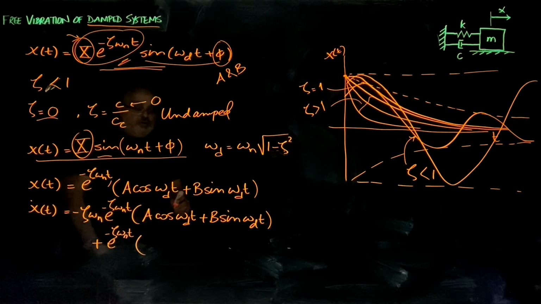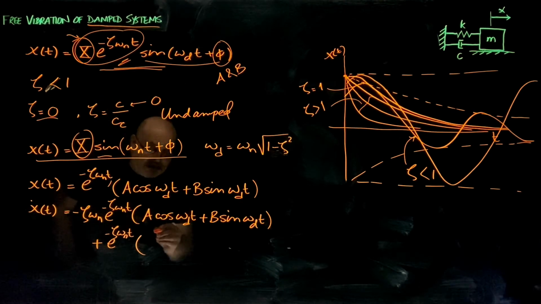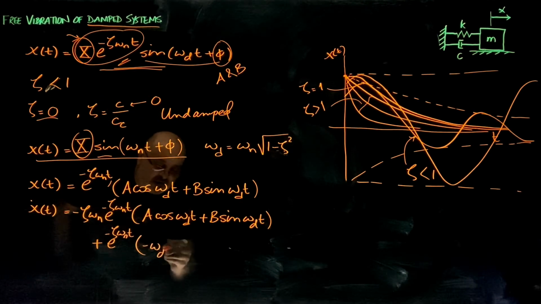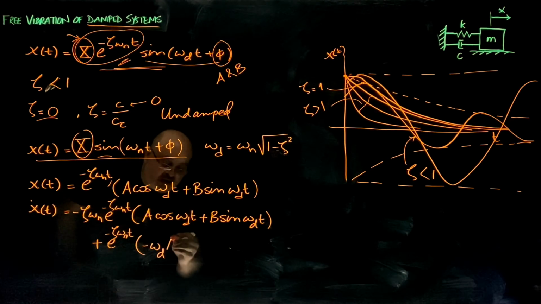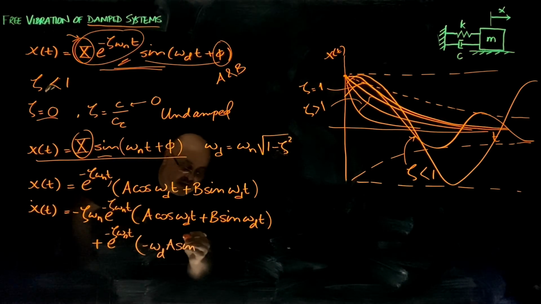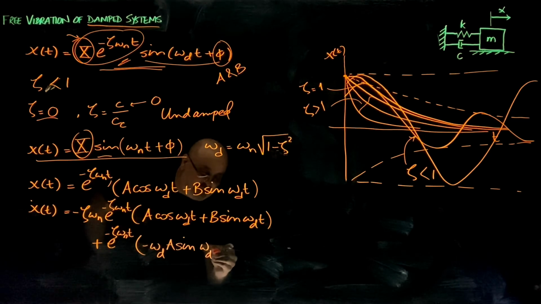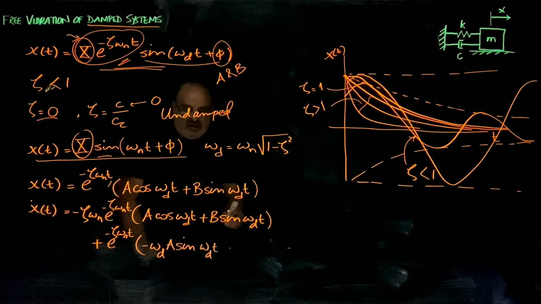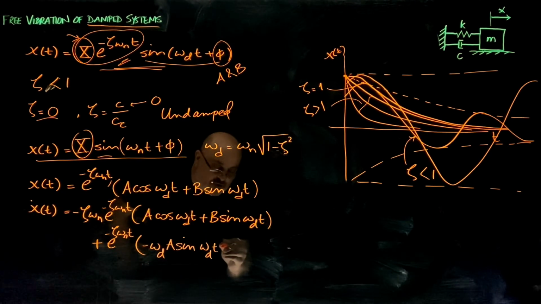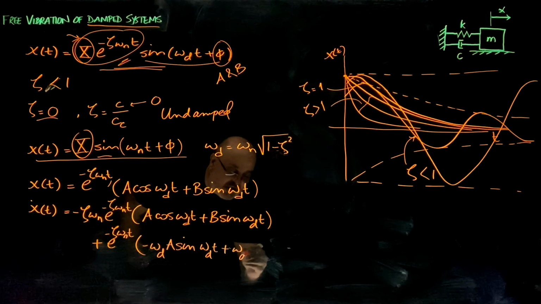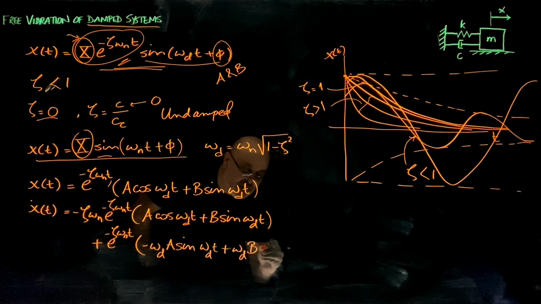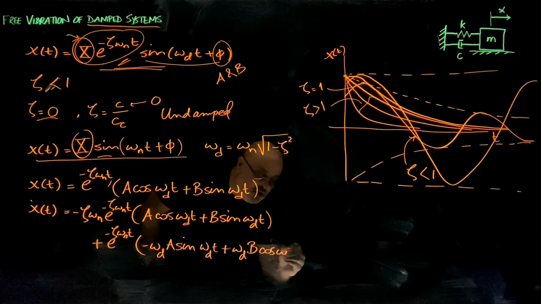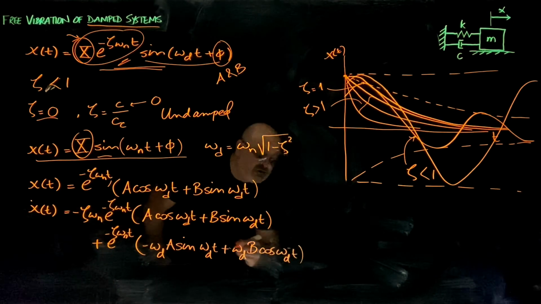The derivative of cosine is negative omega d a sine omega d t. Derivative of sine is cosine, plus omega d b cosine omega d t.